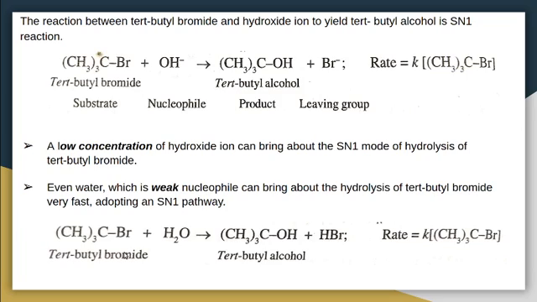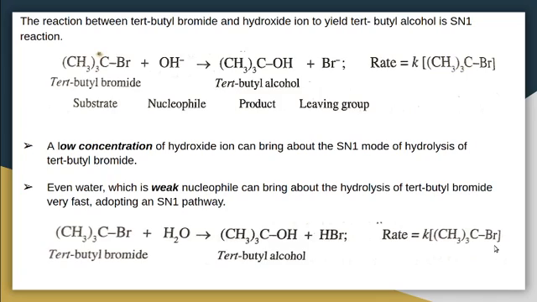Tertiary butyl bromide on reaction with water gives the same product, tertiary butyl alcohol, just as we got with OH minus ion as the nucleophile. Here also the rate depends only on the concentration of the substrate, tertiary butyl bromide.